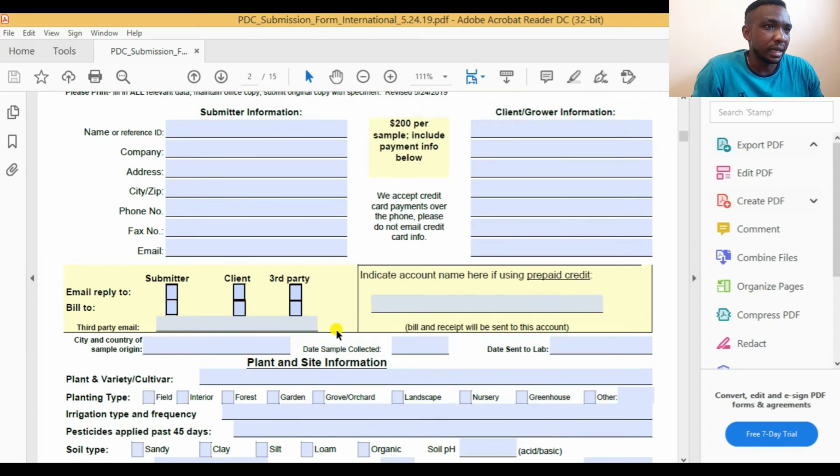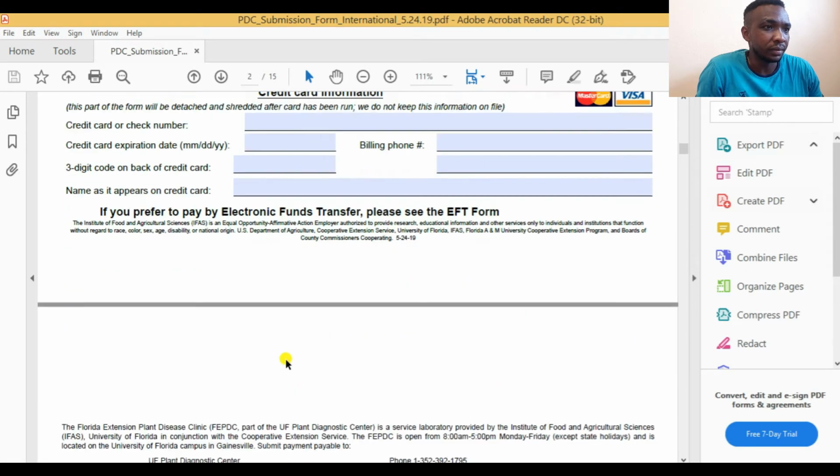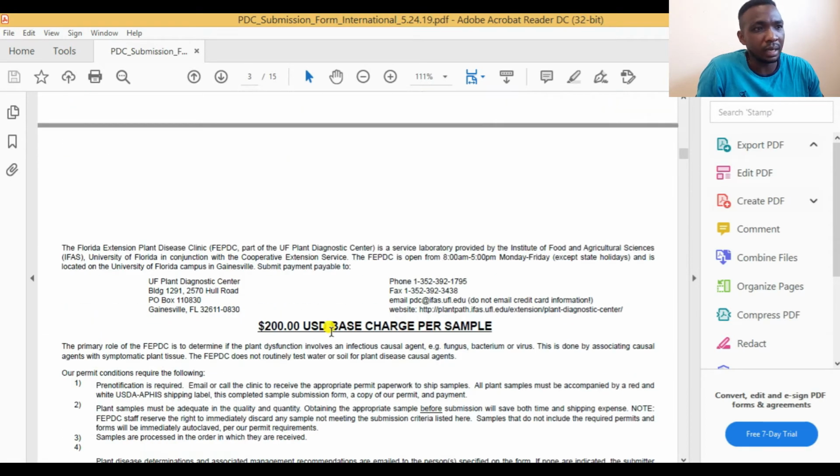Now, as I said, that is the submission form with the information there. Of course, what they say here is that each sample costs $200. When I submitted my sample, I submitted four samples representing the same thing.